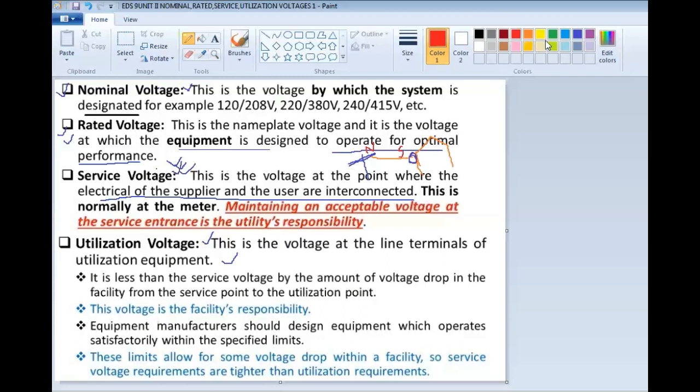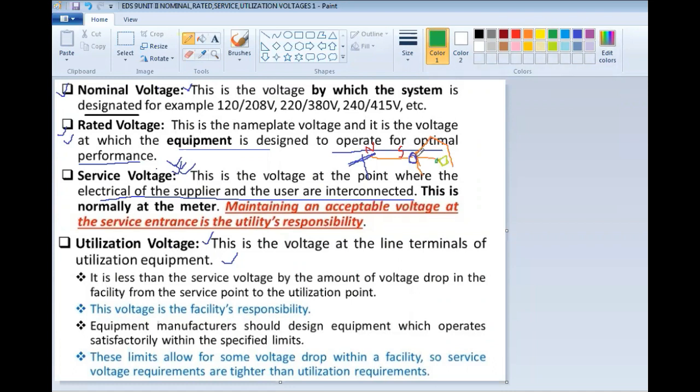And inside the house, there is a domestic appliance. Let it be an AC or a refrigerator. From the service main, there is one line connected to this fridge through the socket.